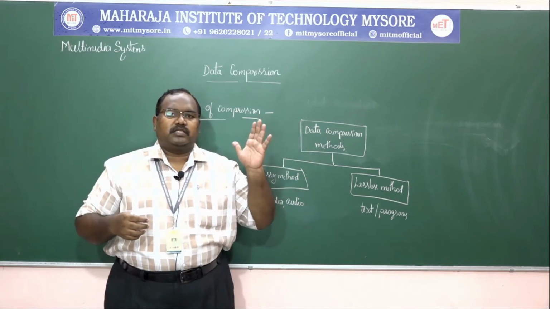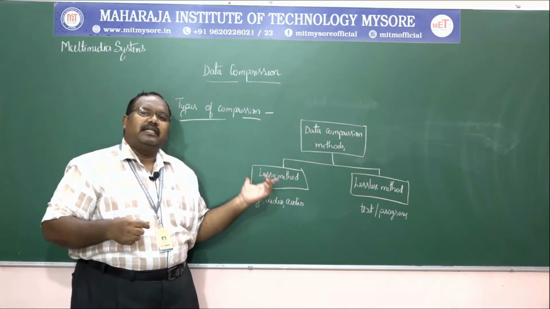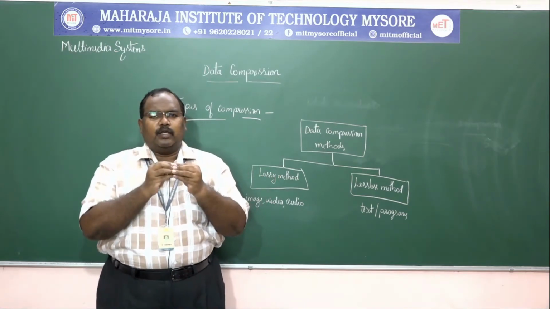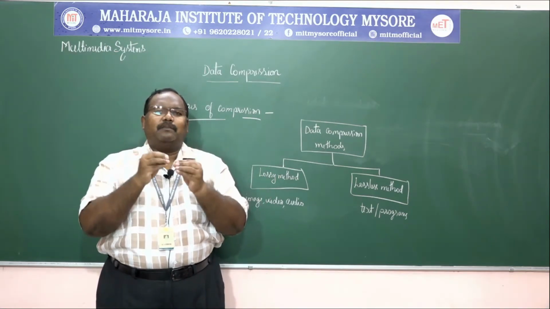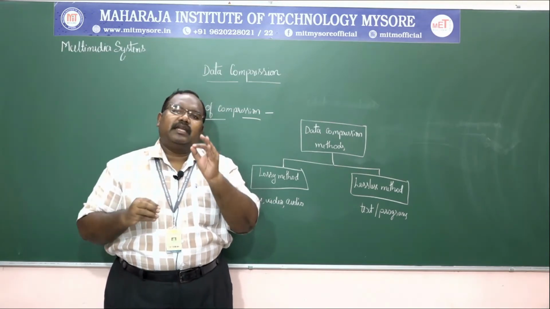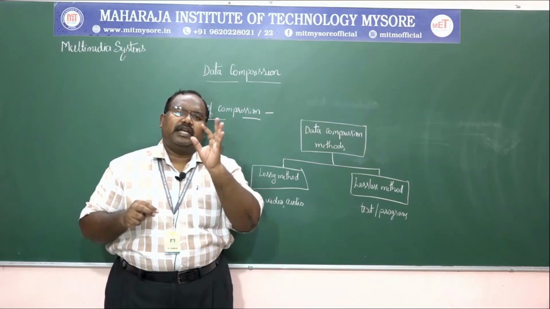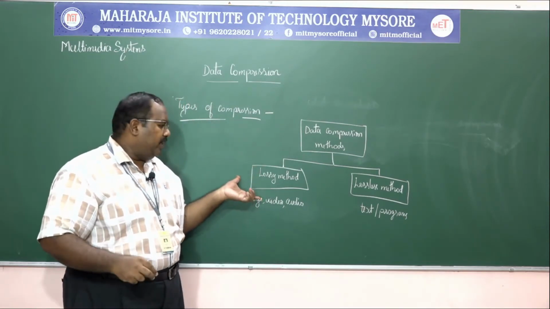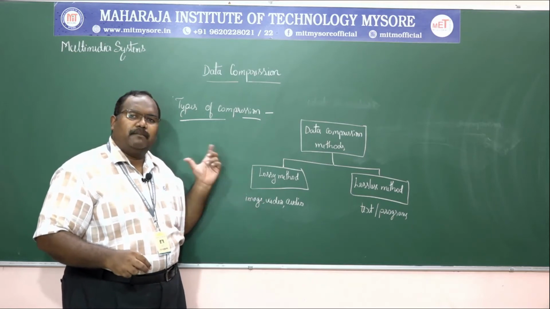During that process, in the lossy method, there might be loss of some amount of data which can be considered negligible, but even though it is negligible, there is some loss of data or information. That kind of method is said to be the lossy method of compression.